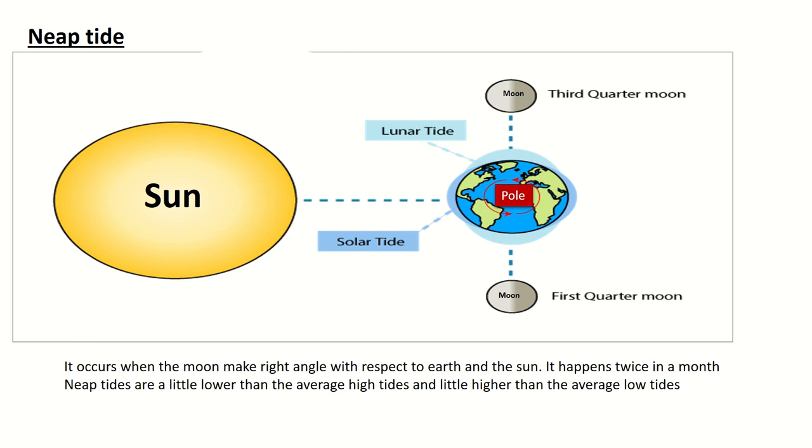When the sun pulls the water body, at the same time the moon will also try to pull the water body. The water level will not rise high, so the tides are a little lower here than the average high tides, and it happens twice in a month.